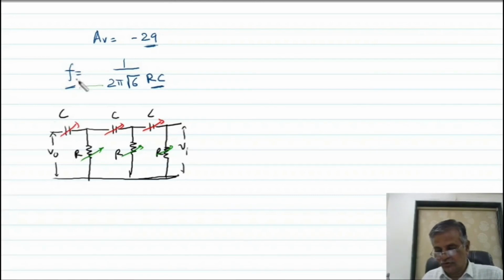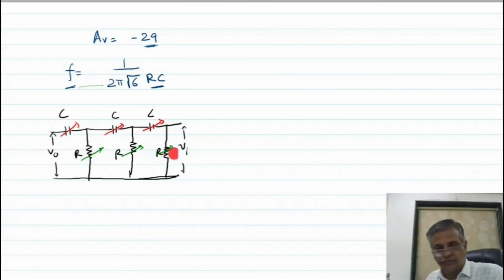So if you want to use this equation and change the frequency, you have to change the 3 values of the capacitor simultaneously, or the 3 values of R simultaneously. It is inconvenient.